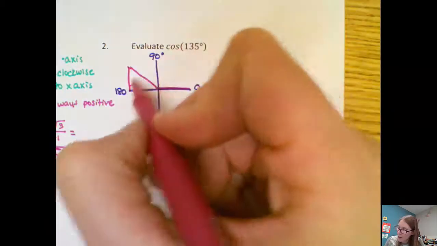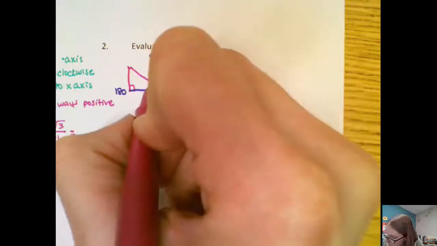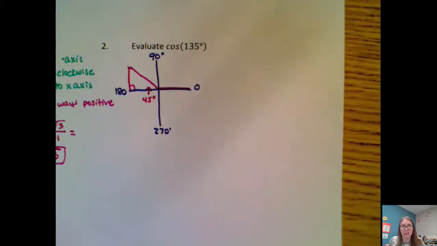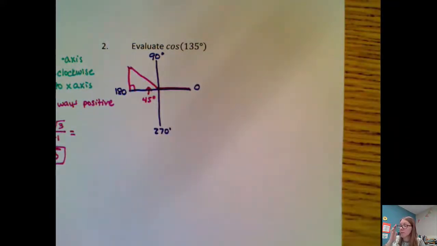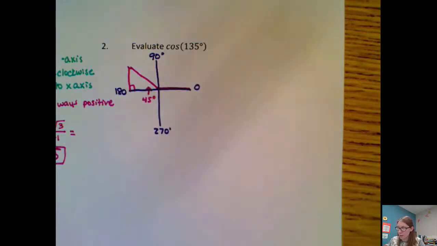Now, if we're halfway between, if this is a 135 degree angle, that means this has to be a 45 for us to get all the way to 180. So 135 degrees is just 45 away. So in this case, I have a 45, 45, 90 right triangle.